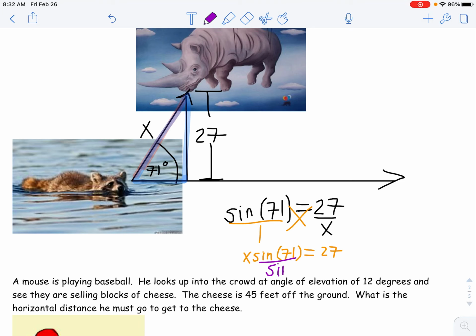Divide both sides by sine 71. You're going to get x equals 27 divided by sine 71, which is about 28.6.